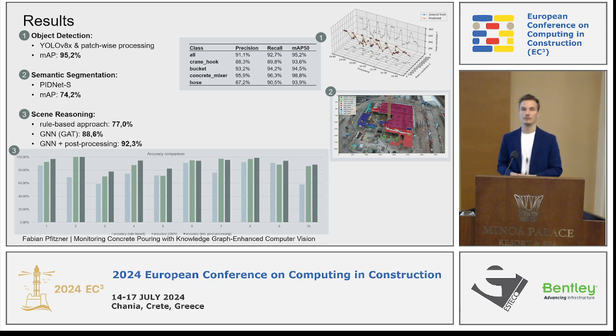Then with the graph neural network, the graph attention architecture, we achieved even higher accuracies with 88.6%, so giving very good accuracy in reasoning this process. And again, with the post-processing, we were able to receive 92.3% for the scene reasoning, giving us very, very confident accuracy in reasoning the states of the process.